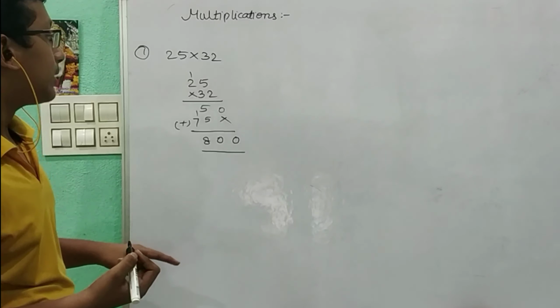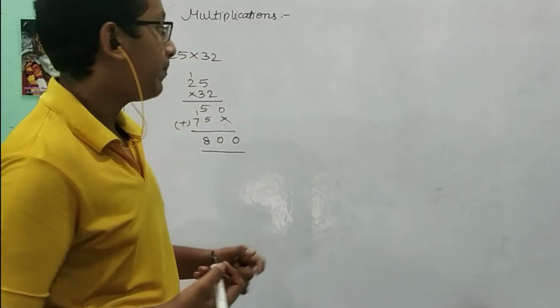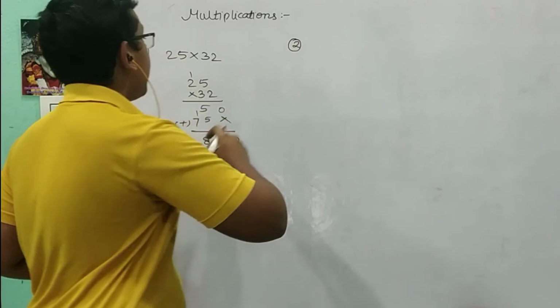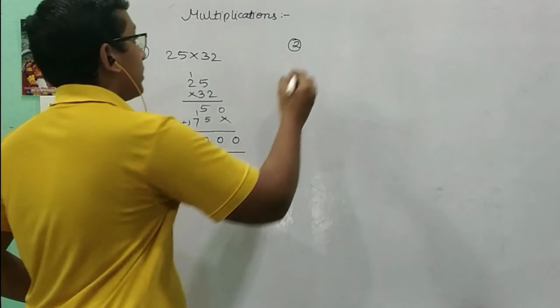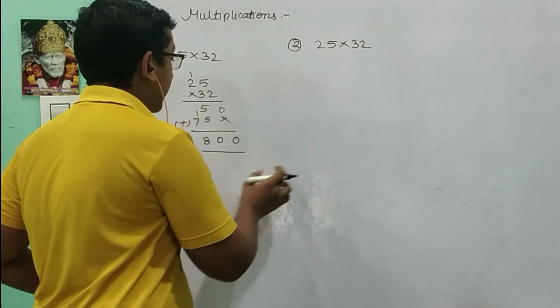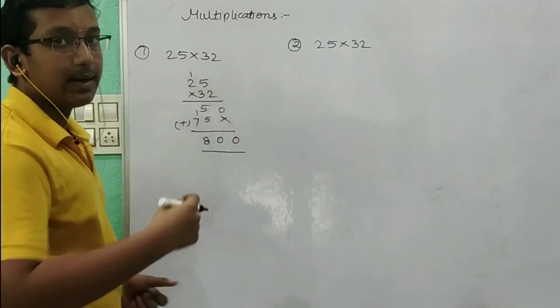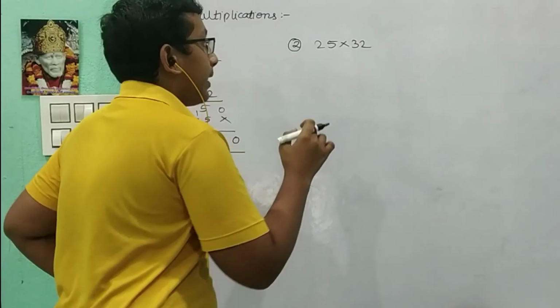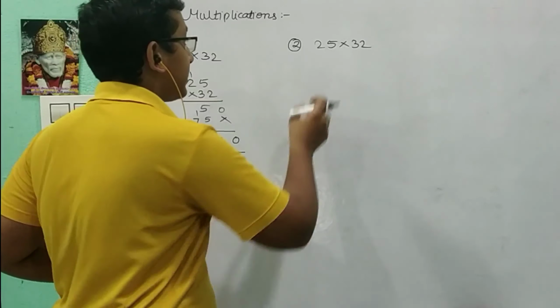Now we are going to learn the second method. Are you ready? Let's take only this example, 25 into 32. If we take the same example, you can check whether the answer is right or wrong when it comes. In this method, take any one number and write it in expanded form. Let's take 25.